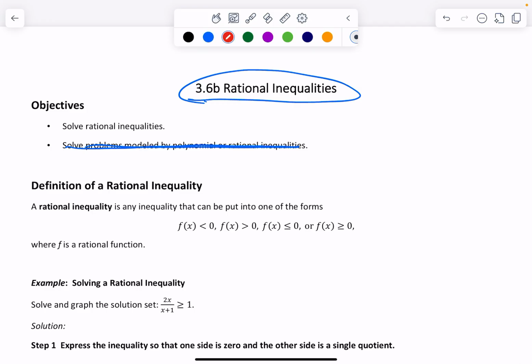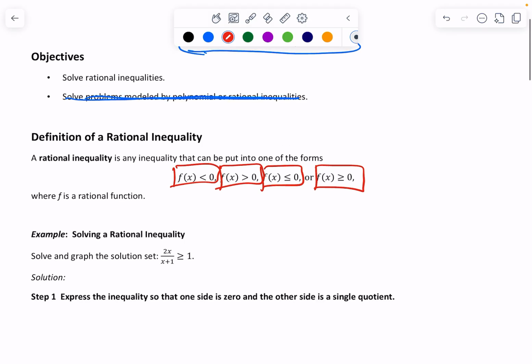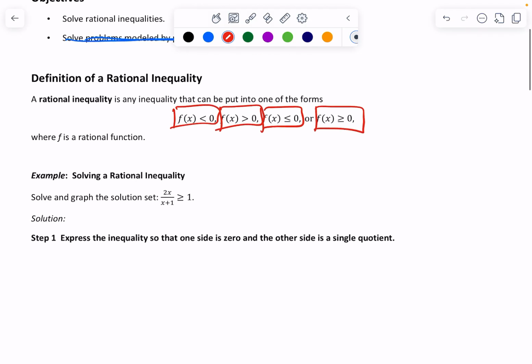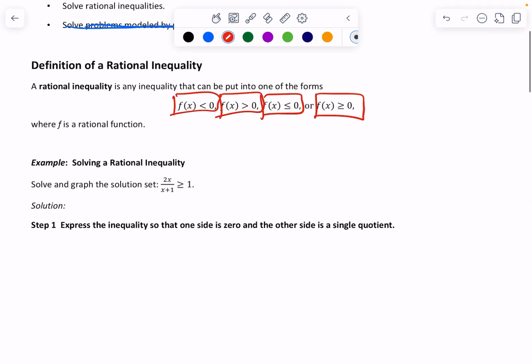A rational inequality is any inequality that can be put again into any of these forms right here, less than or greater than. Now, we're going to go ahead and solve and graph the solution set 2x over x plus 1 is greater than or equal to 1.